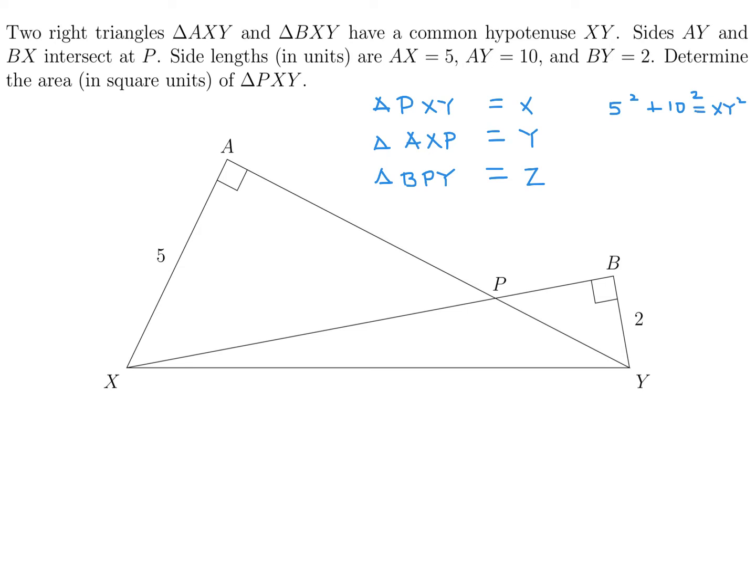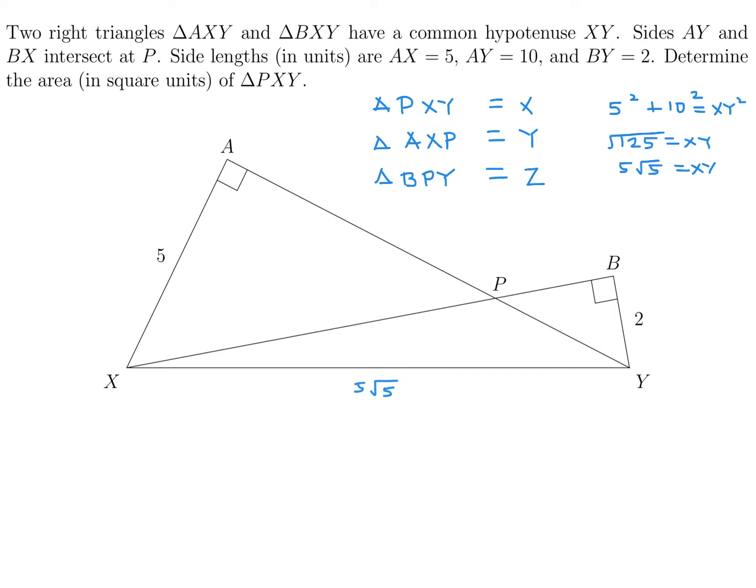So that means that this is 25 plus 100. So 125 is XY squared. So XY is the square root of 125, which is 5 root 5. So this XY at the bottom is 5 root 5.